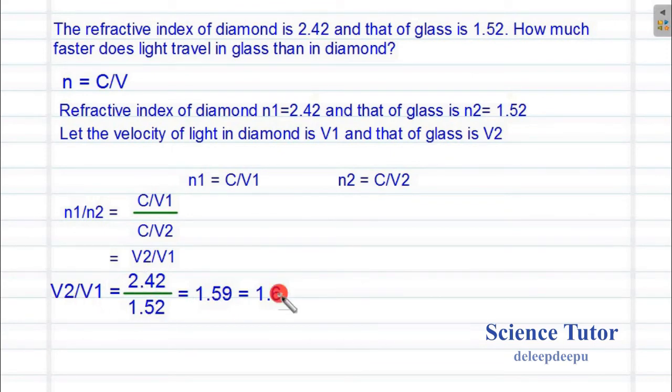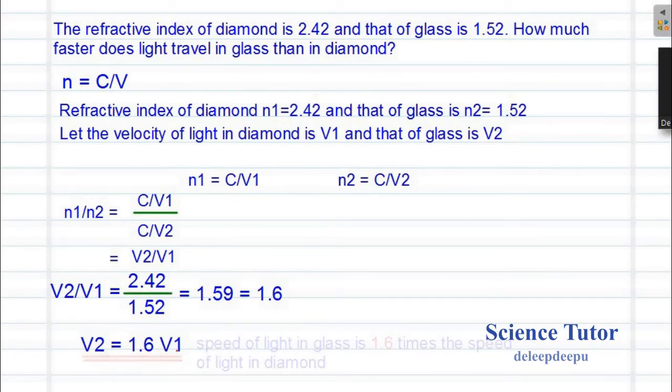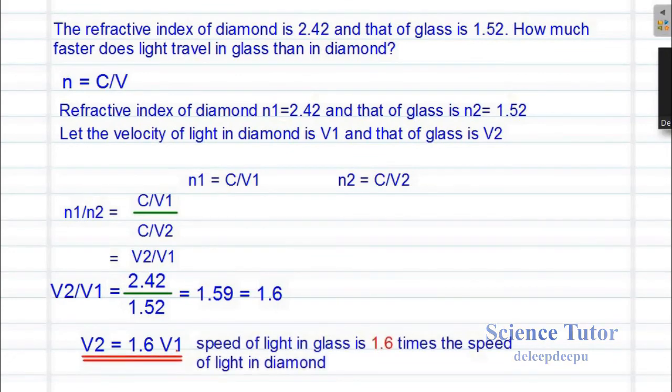Both these numbers are given in the question and the final answer is 1.59, approximately 1.6. We can write V2 is equal to 1.6 times V1, or speed of light in glass is 1.6 times the speed of light in diamond. I think it's clear.